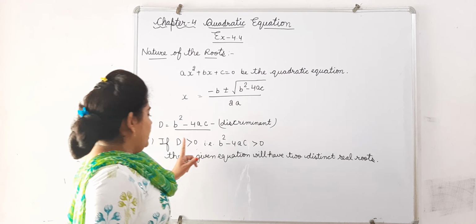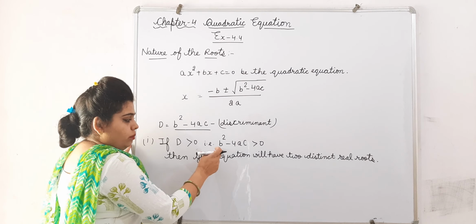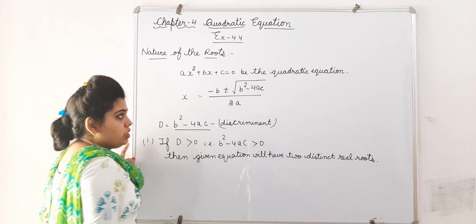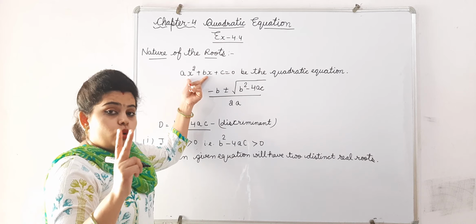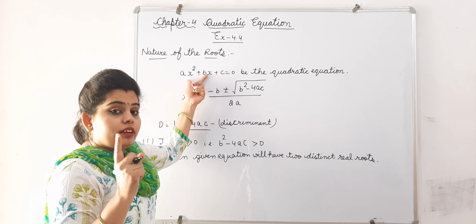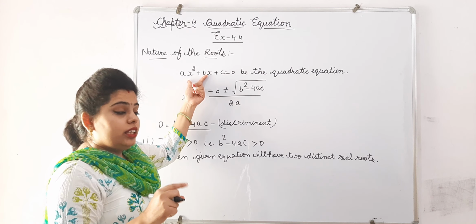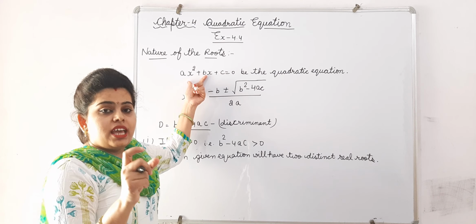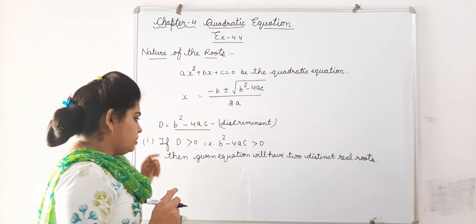Means if D is greater than 0, then there will be two roots of this equation which will be real and they will be distinct. Distinct means having different values.